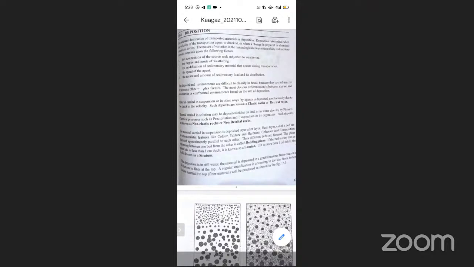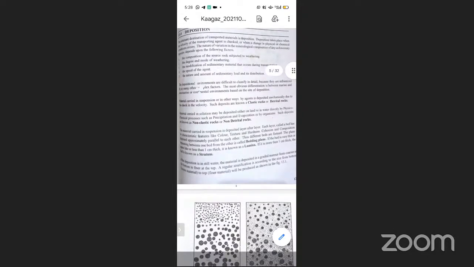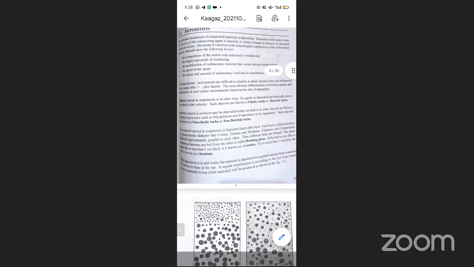It has some characteristic features like color, texture, hardness, cohesion, composition, or size. These factors impact the formation of different beds. The plane separating one bed from another is called a bedding plane.